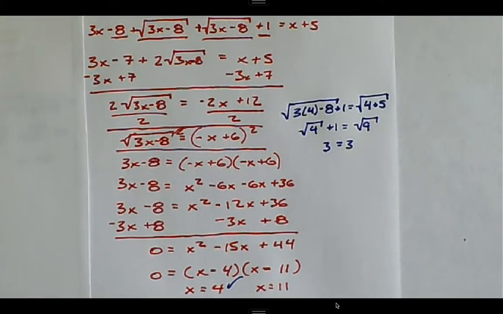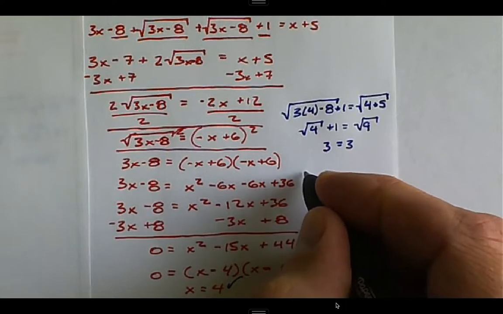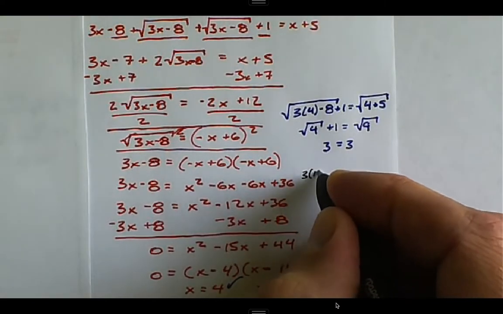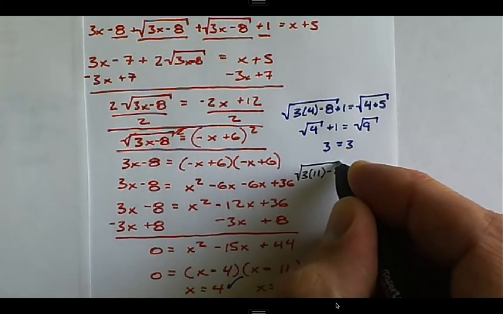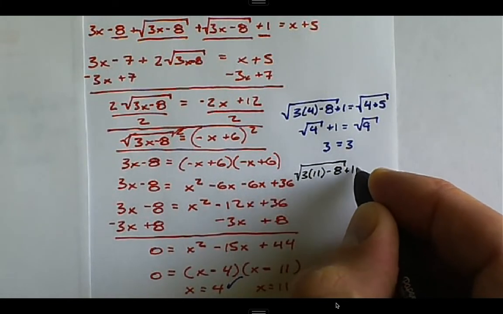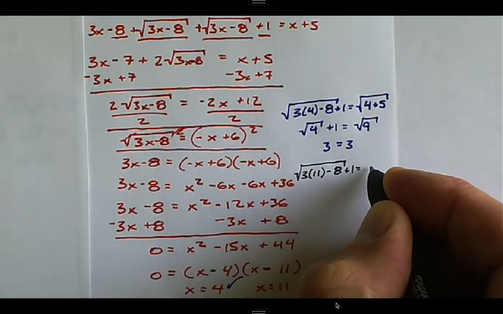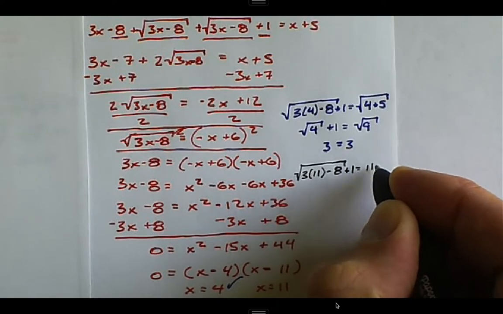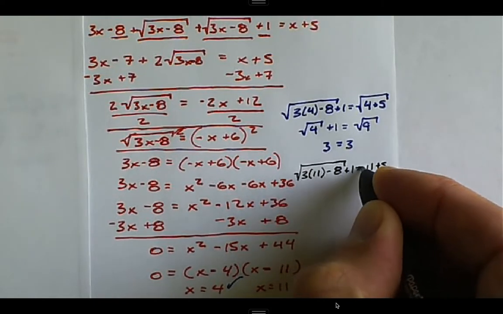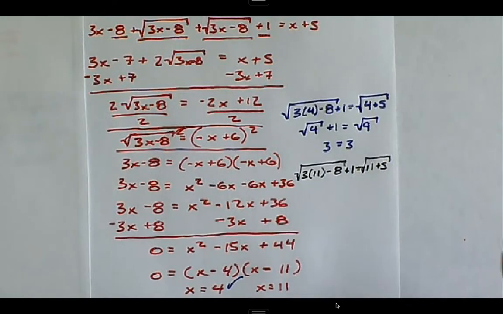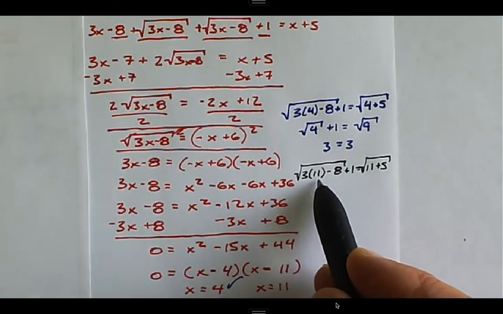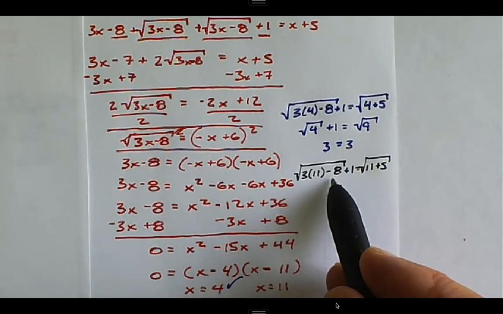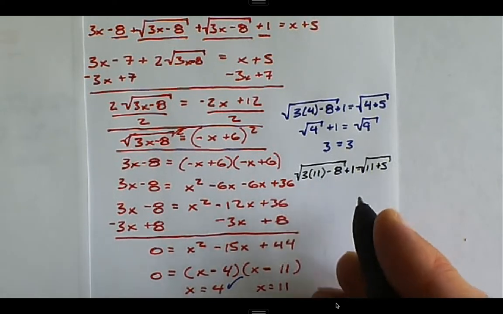Then we have to check 11. So 3 times 11 minus 8, that's all under the radical, plus 1 is equal to 11 plus 5, all under the radical. 3 times 11 is 33, minus 8 is 25.